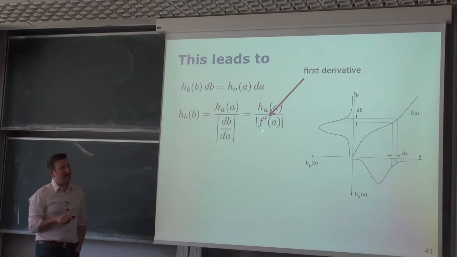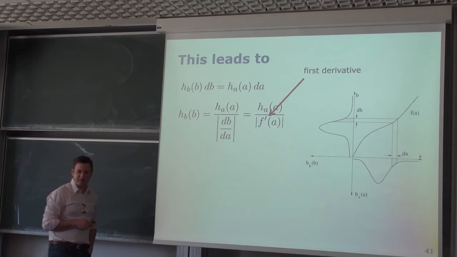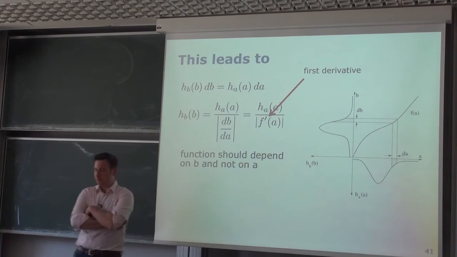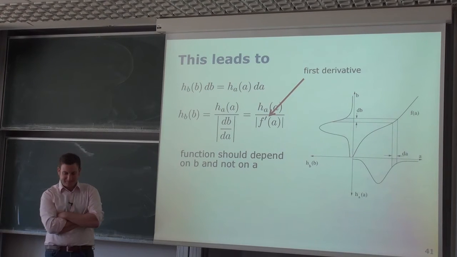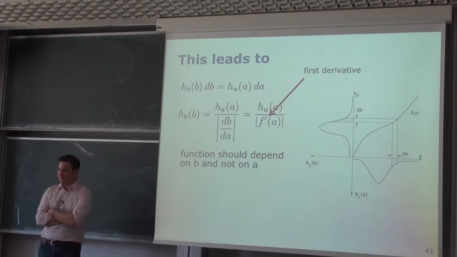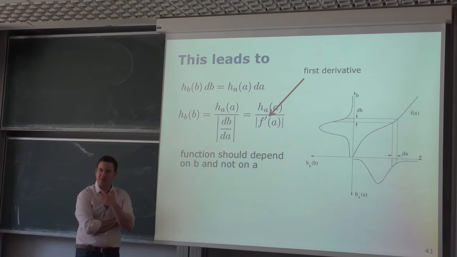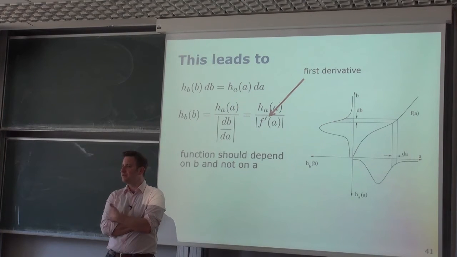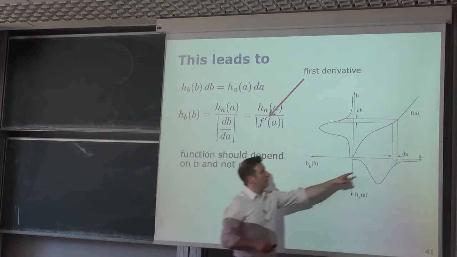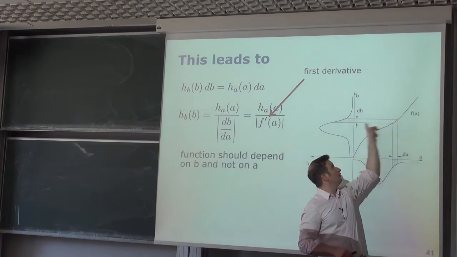Any idea what kind of values for a we need to put in there? Of course we need the correspondence between a and b, and this correspondence is given through our function f, because we are mapping from a to b.